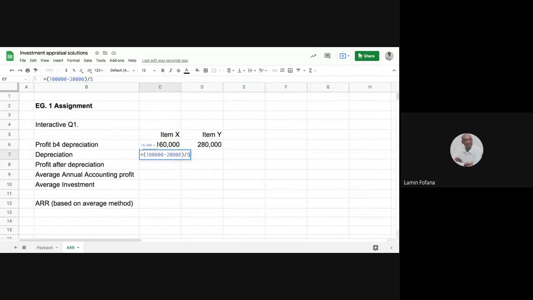Is that all? That is per year, multiply by 5 years. Oh, sorry. Yeah, that's per year depreciation. You know, divide by 5 years, multiply by 5 years is nil.